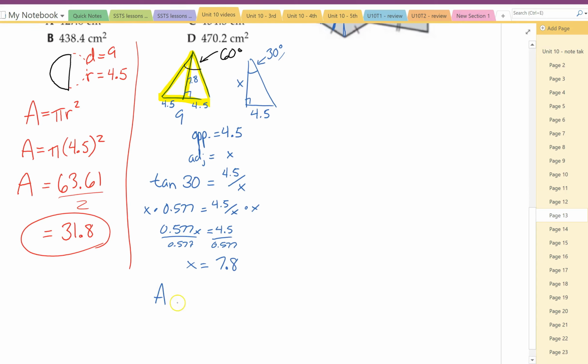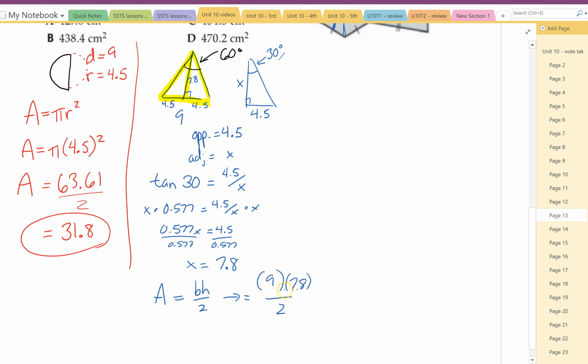So the area of the triangle is base times height over 2. So in this particular triangle, that would be 7.8 times 9 over 2. And actually, I put those in the wrong place. The base is 9, the height would be 7.8.